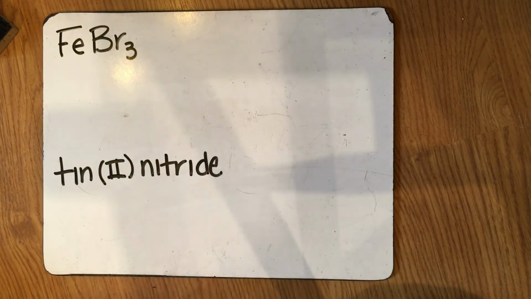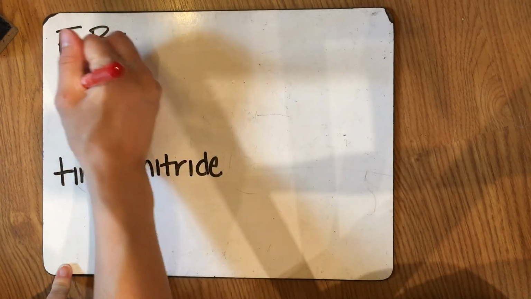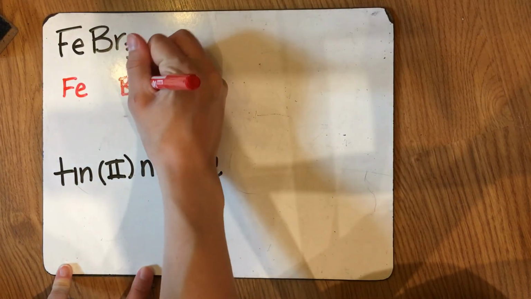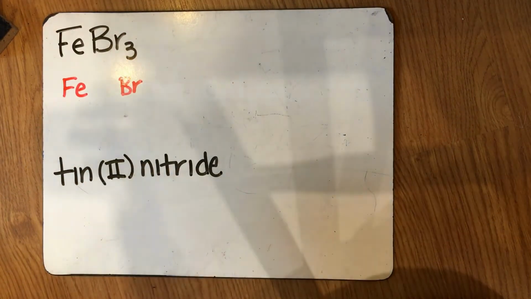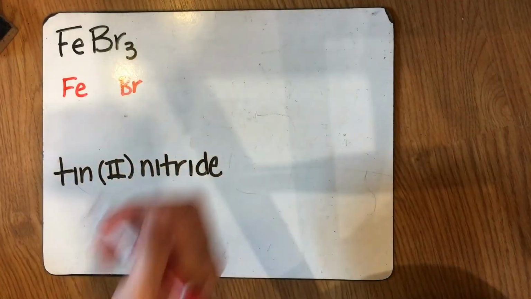So to name FeBr3, we have to recognize that Fe is a transition metal, and so it does not have a set charge. In order to figure this out, we need to look at bromine, our anion. When we look at the periodic table and find bromine, we see that it's in the halogens, which means it has a 1- charge.